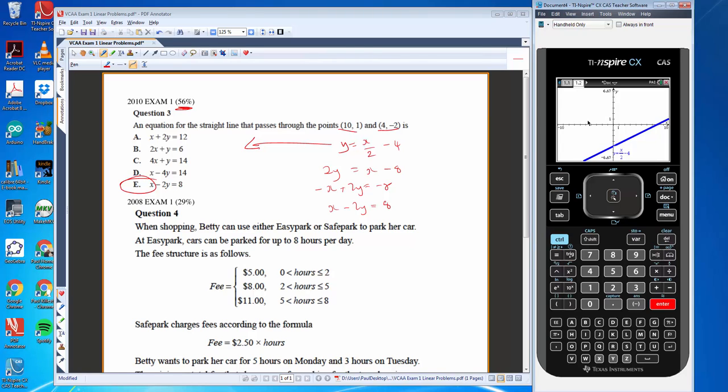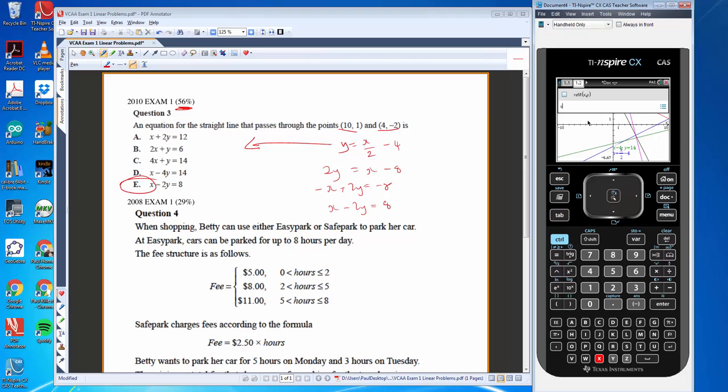And there it is. Then what you would do is graph all of the other relations. x plus 2y equals 12. No, doesn't match. 2x plus y equals 6. Doesn't match. 4x plus y equals 14. Doesn't match. x take 4y equals 14. Close, doesn't match.